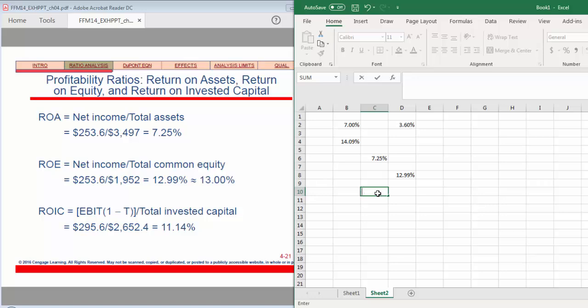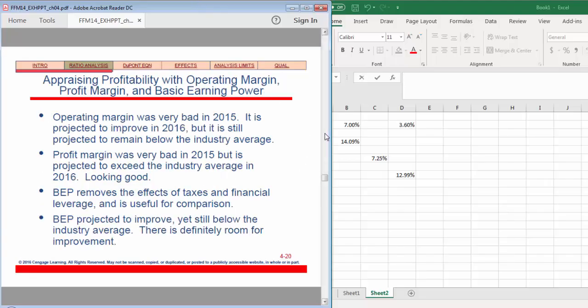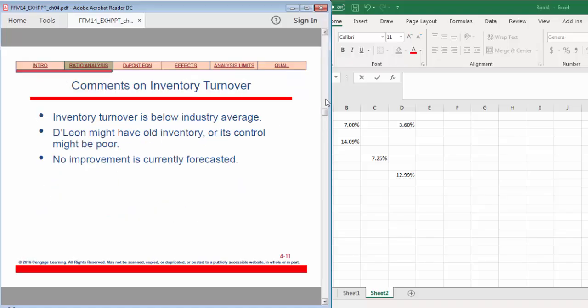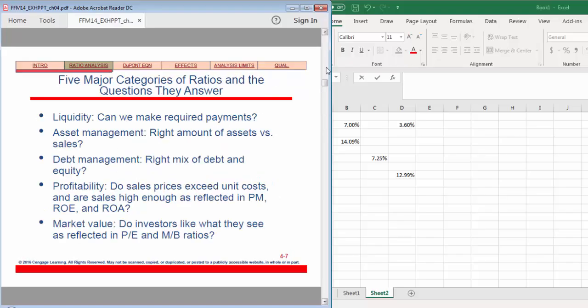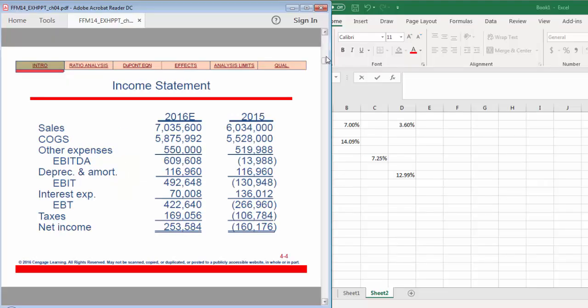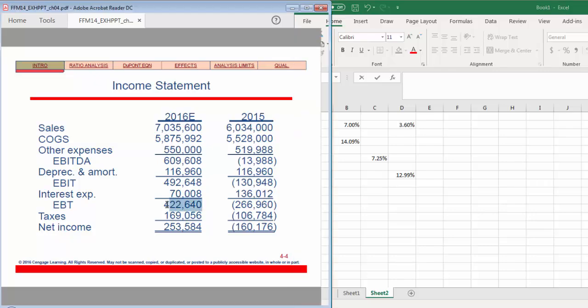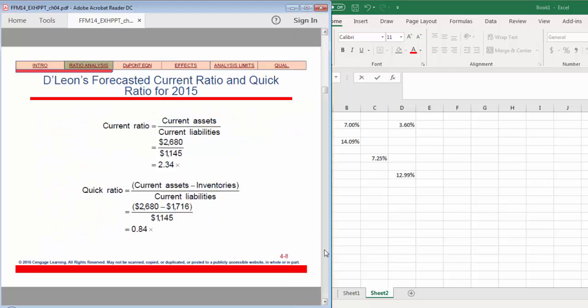So let me make sure that I'm getting the right number. EBIT is going to come from the income statement. So coming back to the income statement, there you go. So EBIT here is earnings before taxes, EBT. So let's see, this is 422,640 earnings before taxes.